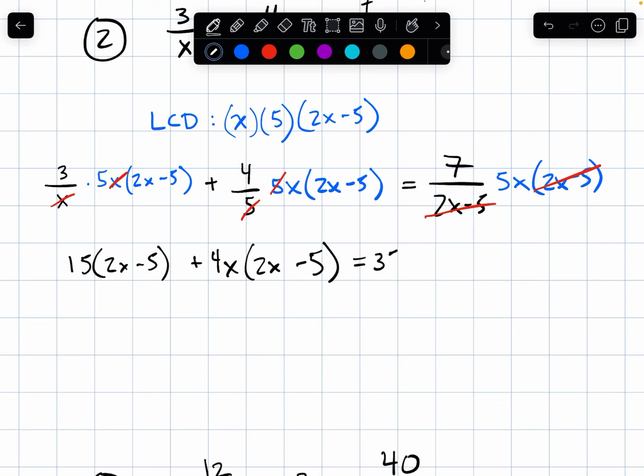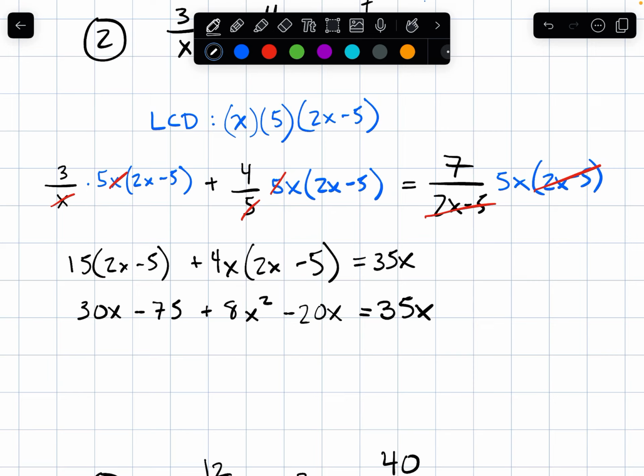And then that's going to equal 7 times 5x, which is 35x. At this point we want to distribute, and if I distribute, we've got 30x minus 75 plus 8x squared minus 20x equals 35x.